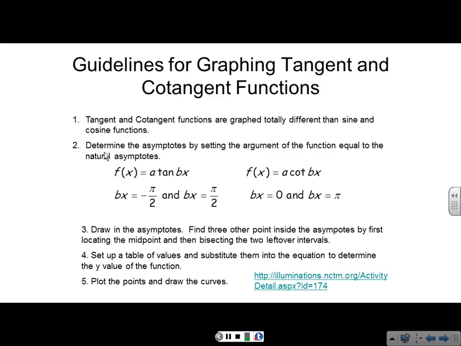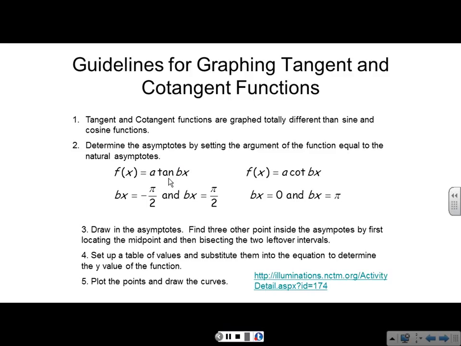So it's undefined at those asymptotes. So our basic asymptote for a basic tangent curve is going to be at negative pi over 2 and pi over 2. So the basic curve, no shifts or anything, of tangent is negative pi over 2 and pi over 2.